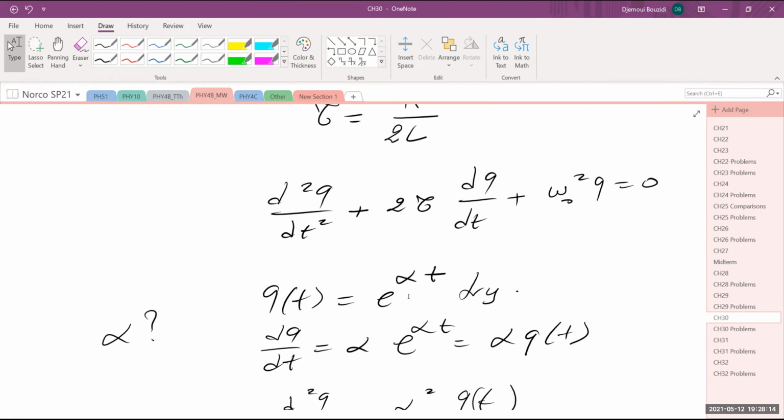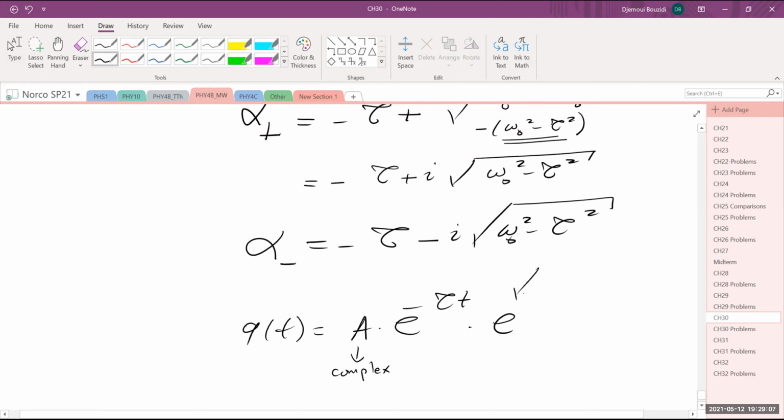Exponential negative tau t, times an exponential of this thing times t, which is the square root of omega naught squared minus tau squared times t, times i, plus another B, which is a constant also, times the exponential of negative tau t times the exponential of negative i, the square root of omega naught squared minus tau squared t.